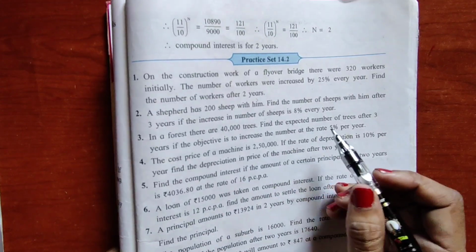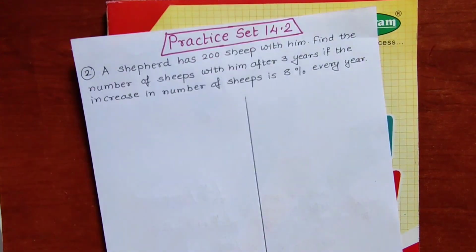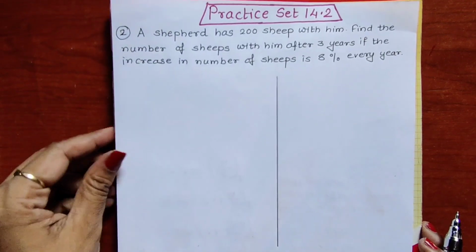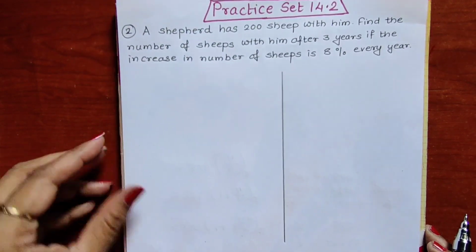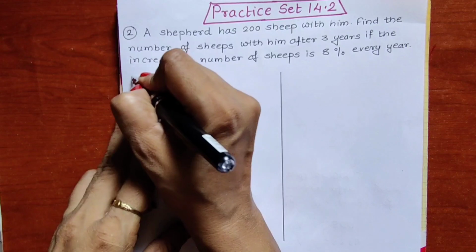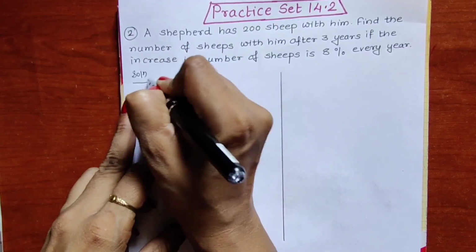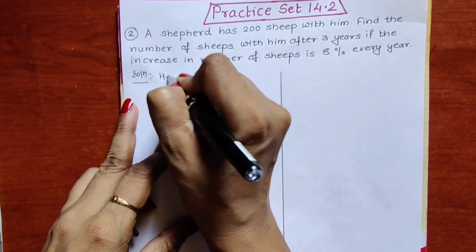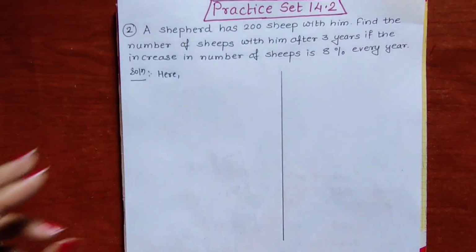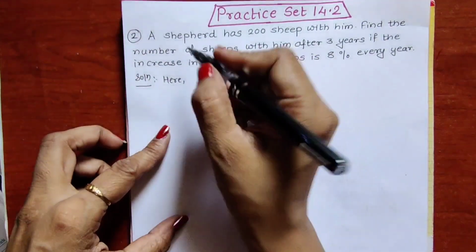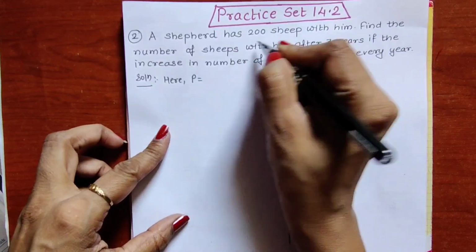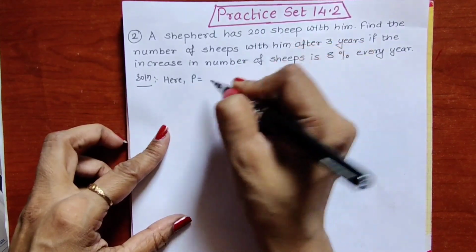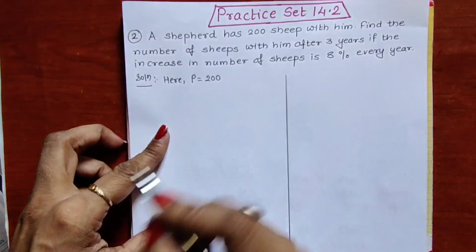So let us write the values first and then we will calculate. So we start our solution by writing the values. Here P is equal to, in the beginning there were 200 sheep, so P is equal to 200.